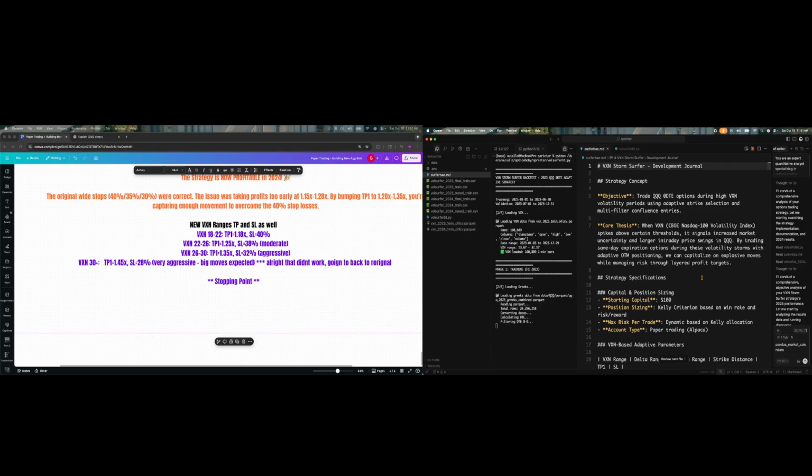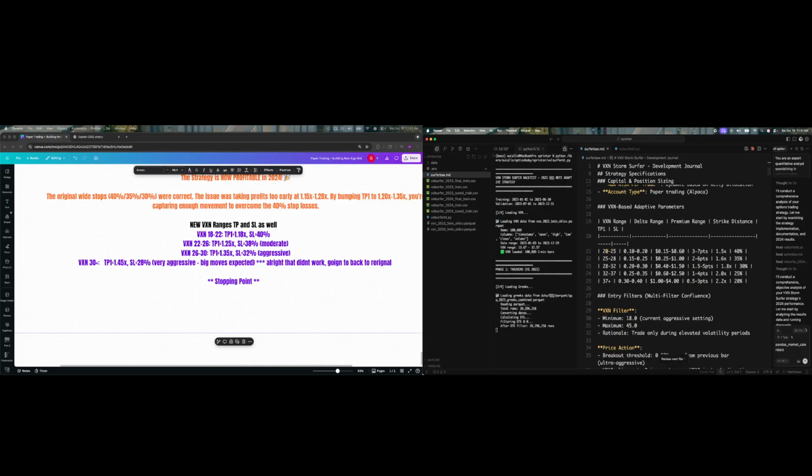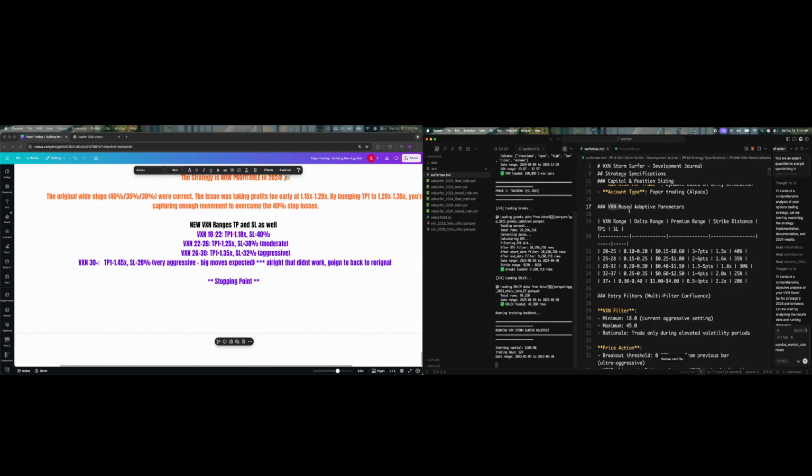So I started doing this a couple strategies ago. Remember, when we first started, this is the adaptive range that we have for VXN. VXN is just like VIX, but specifically for Nasdaq, so VXN allows us to gauge the volatility or the movement.